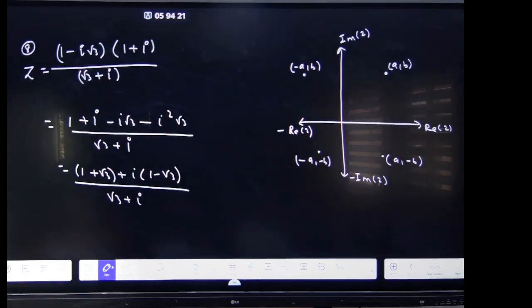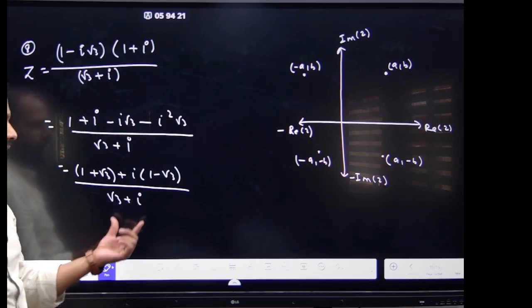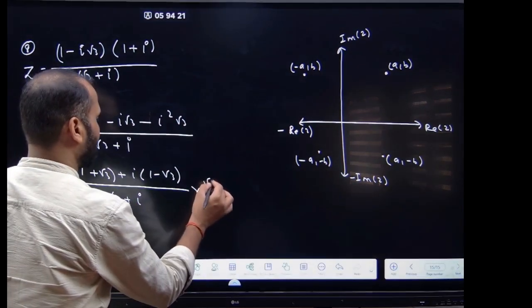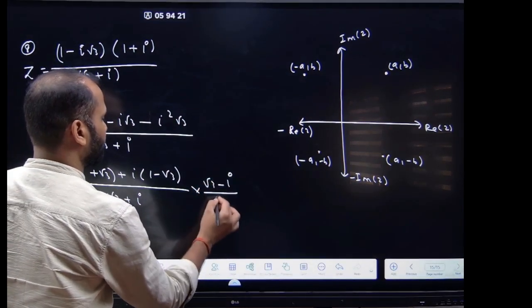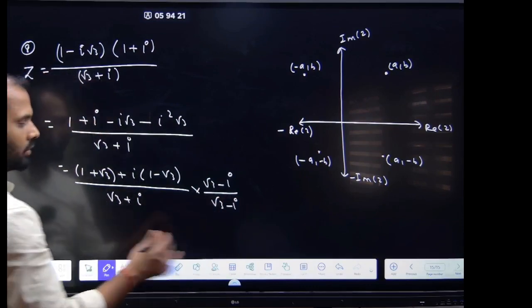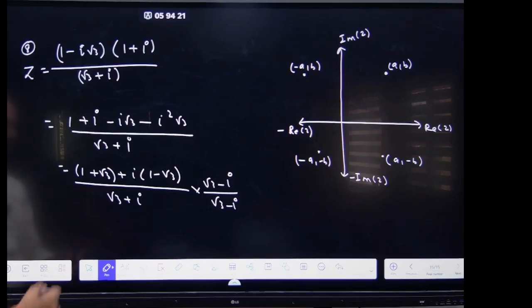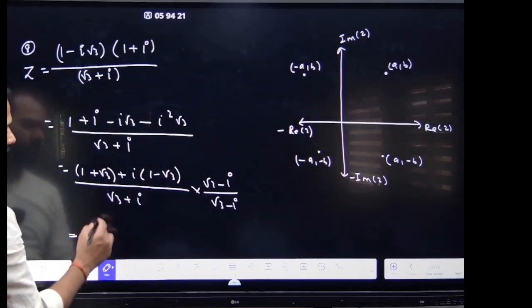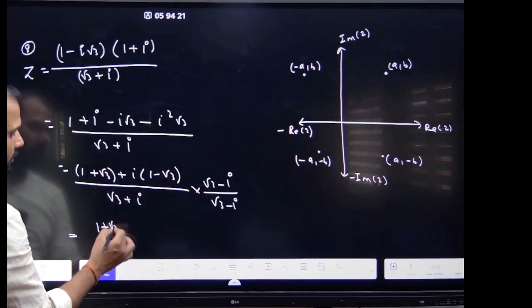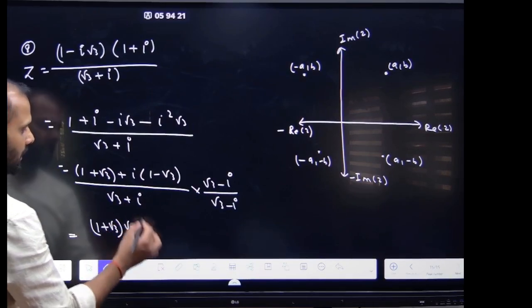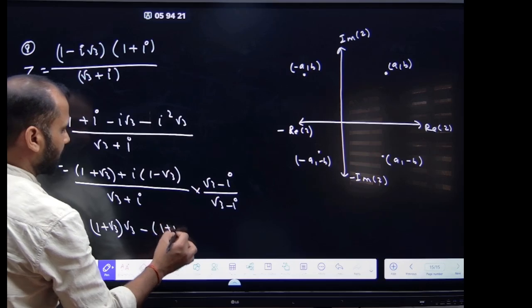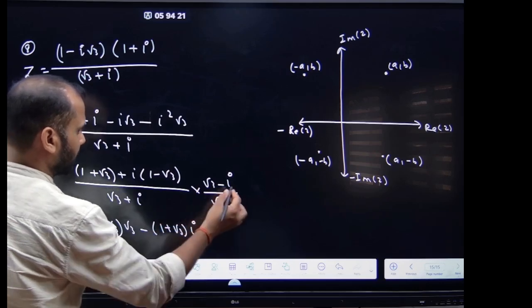Still you will not be able to say, because this is root 3, right? So what I will do, I will multiply and divide by the conjugate of this, so that the denominator root will cancel out. So now if you multiply, you will be multiplying 1 plus root 3 into root 3 minus 1 plus root 3 into i, correct?